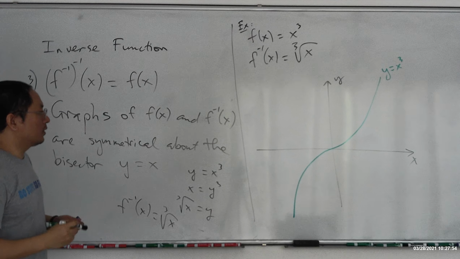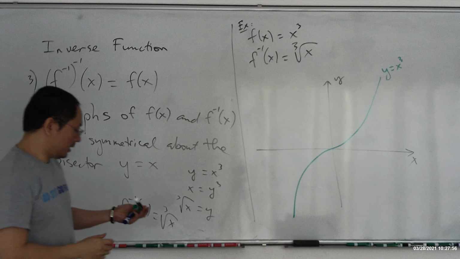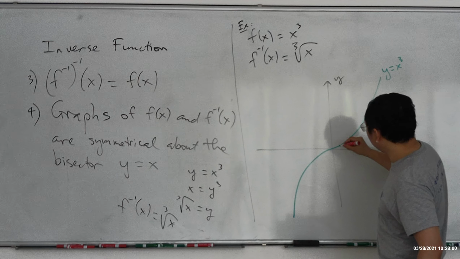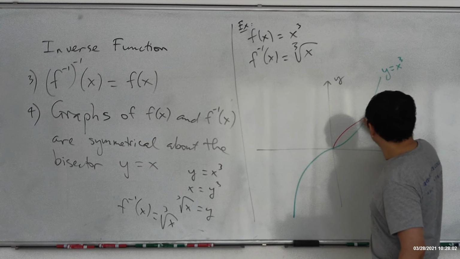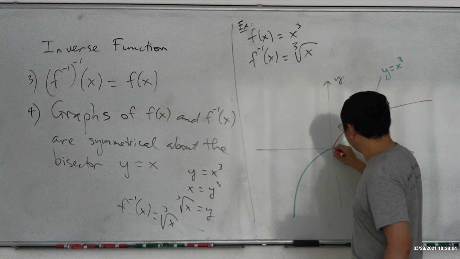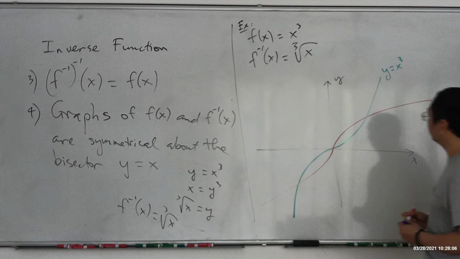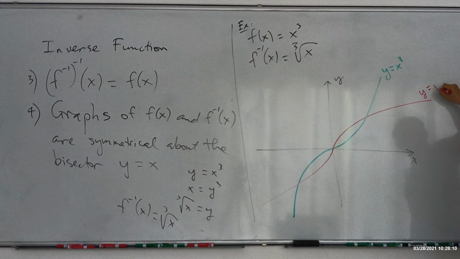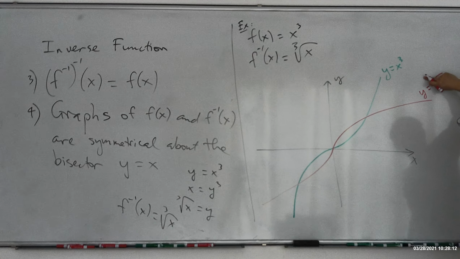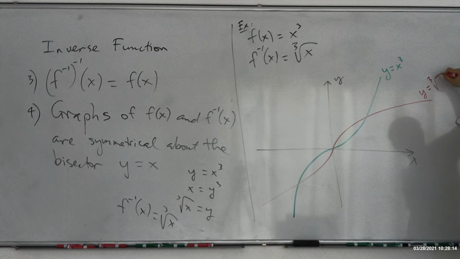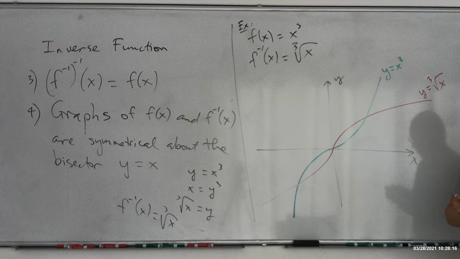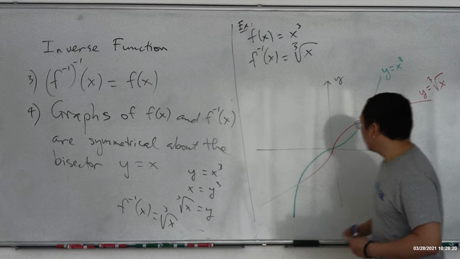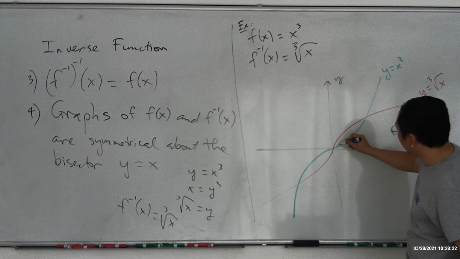And let me show you how to draw the graph of the cube root of x. I'm going to use a red color. The graph would be like this. So the red one is y equal to the cube root of x, which is the inverse of the green one. And what we're saying here is that the two graphs are symmetrical about the bisector, and this is the bisector.